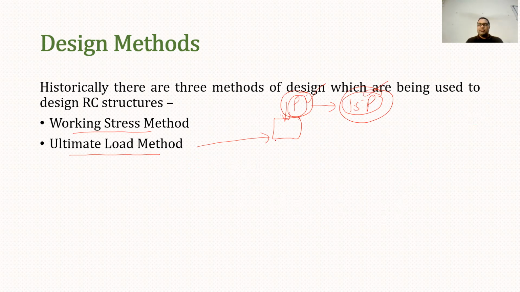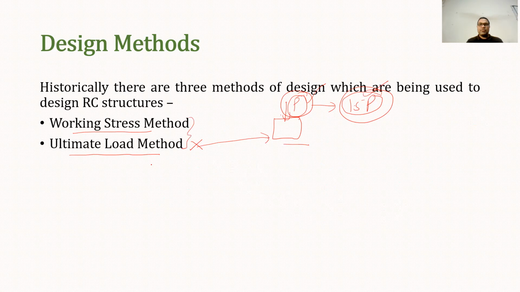Because of that, it was okay to carry the said load, but the method failed to serve the function of the element, and because of that the ultimate load method was banned or not used much.